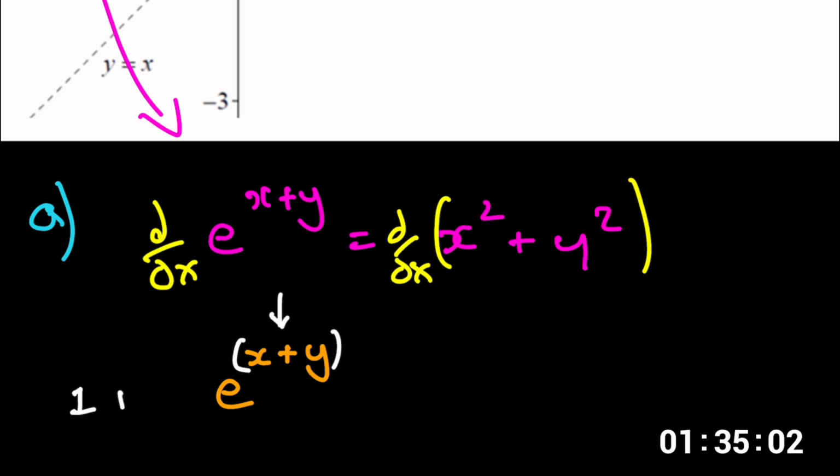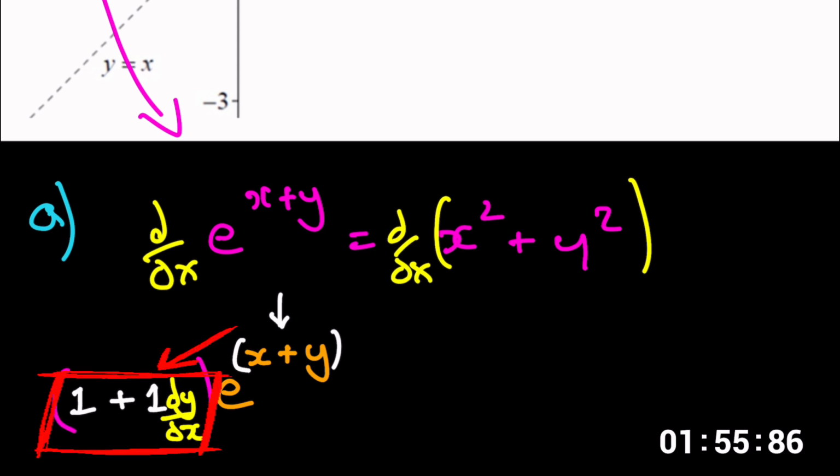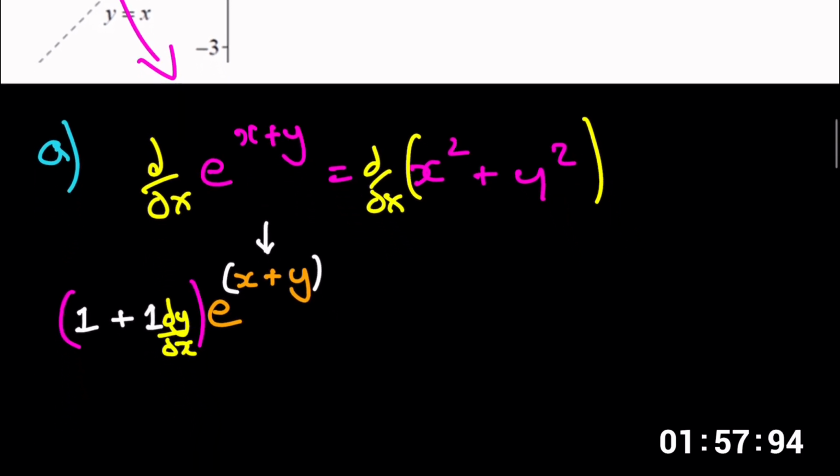When we differentiate y, we also get 1, but we also have to multiply by dy by dx, because that is part of the chain rule when doing implicit relations. Therefore we multiply this exponential function by all of that.